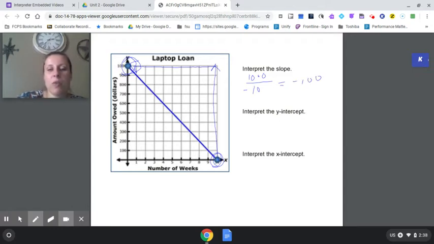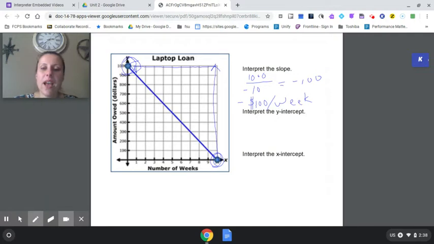So to interpret this, I would say the amount of the loan is decreasing $100 per week. So they're making payments on their laptop of $100 per week. So they're owing less and less on that laptop as time progresses.